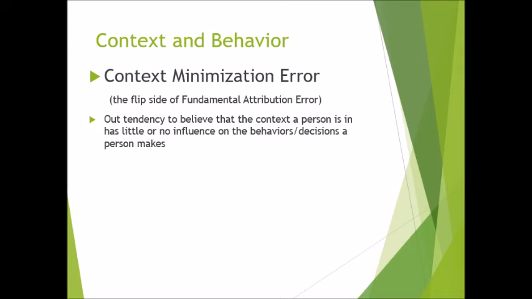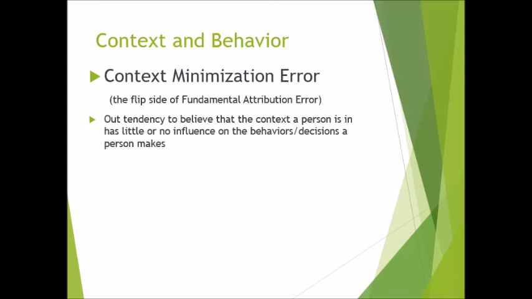So someone makes a behavior, it's not a good behavior, and we think, oh, that must be a bad person, rather than there must be a reason for that bad behavior. So this is both the fundamental attribution error, which would be saying that is a bad person, attributing it to the fundamentals of who that person is, and minimizing the context around why they made this decision.